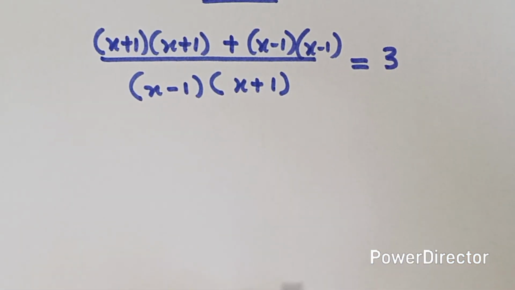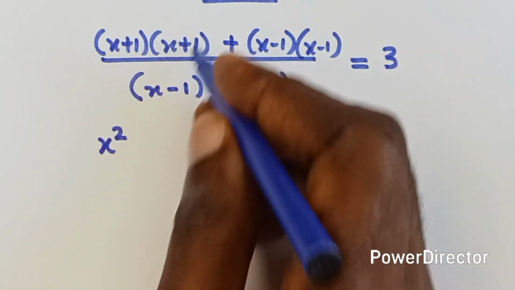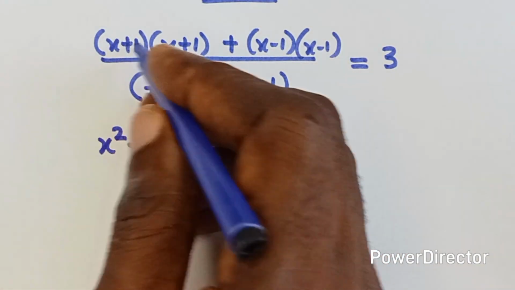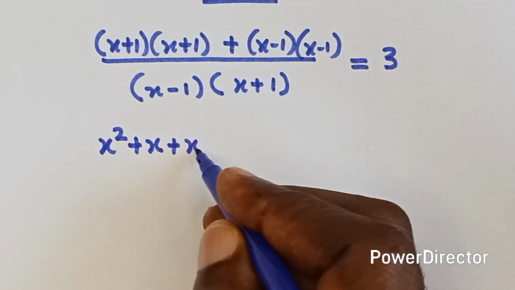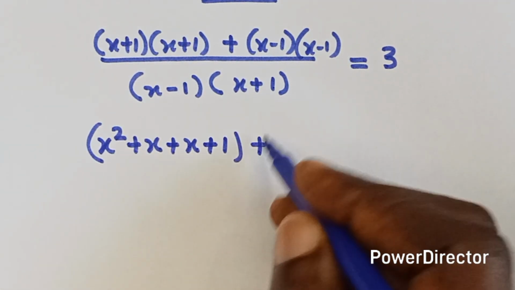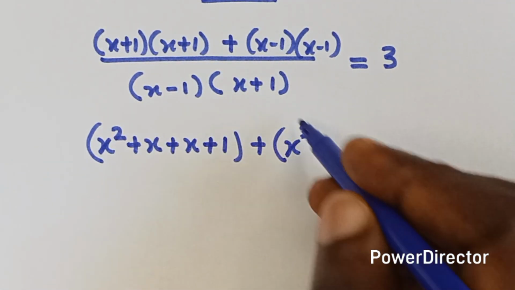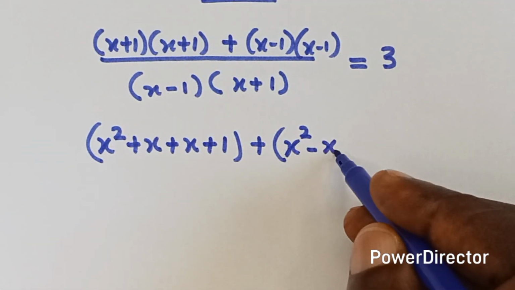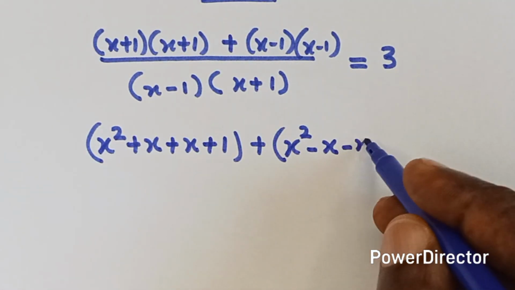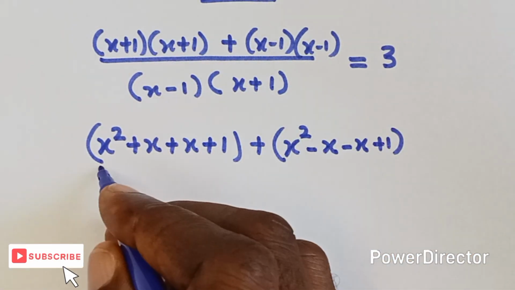Alright, so we can open the brackets. x times x will give us x squared, x times 1 will give us x, 1 times x will give us x, 1 times 1 will give us 1. Then plus this also: x times x is x squared, x times minus 1 is minus x, minus 1 times x is minus x, minus 1 times minus 1 will give us plus 1.